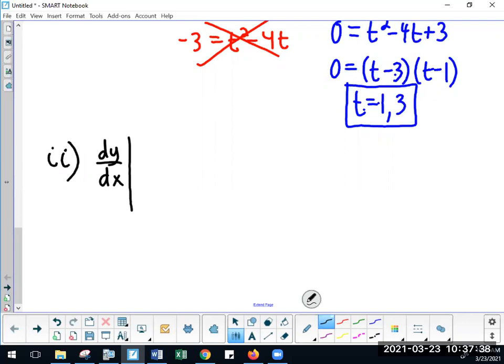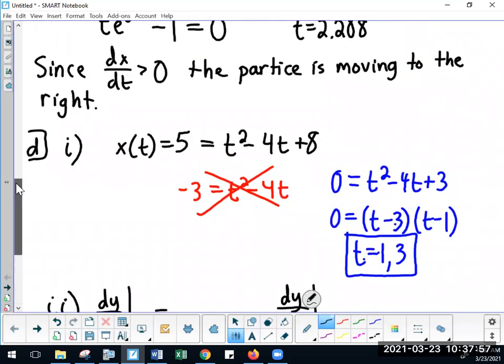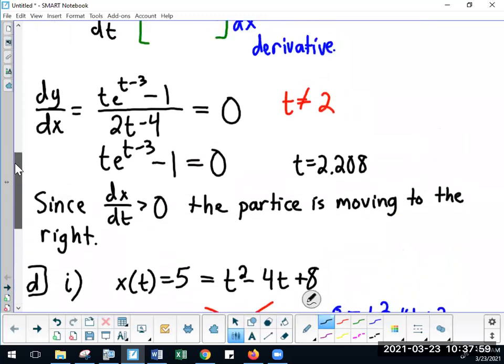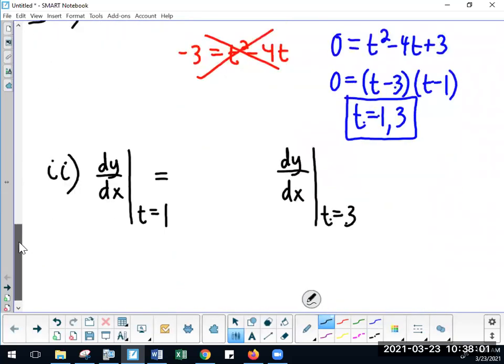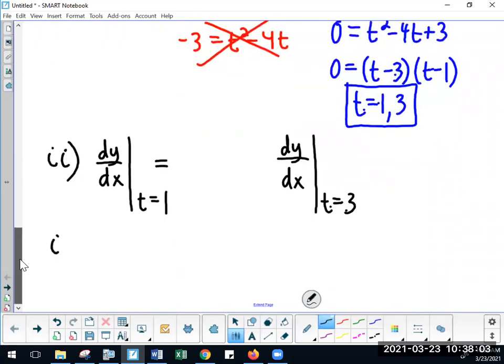You could say that's the slope of the horizontal and the slope of the vertical, but we want the slope of the curve. So I want to evaluate dy dx at t equals 1 and evaluate dy dx at t equals 3. And I can use the same dy dx that we used earlier, say back in part C. I'm not going to do that. Sorry.